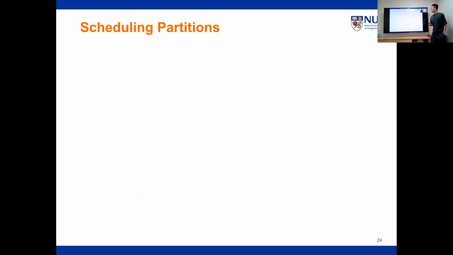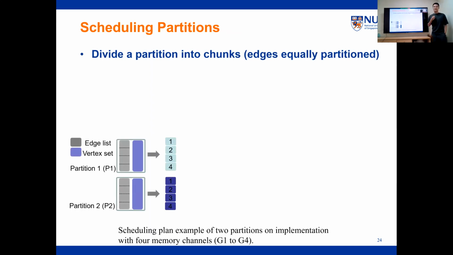Next, we need to schedule these partitions to the accelerator, because we have multiple SLRs, multiple kernels and multiple memory channels. The first step we do is divide a partition into multiple chunks with edges equally partitioned. The benefit is that for some small graphs that only have 1 partition, we can still fully utilize the number of compute units here.